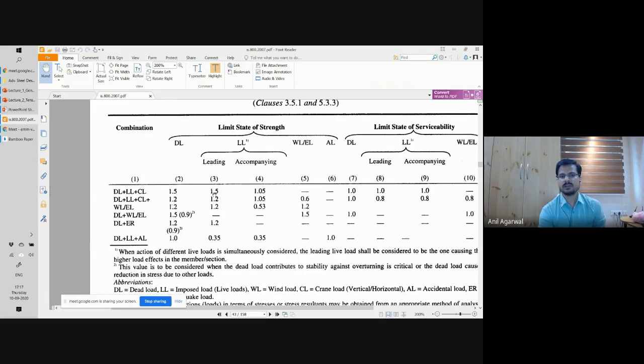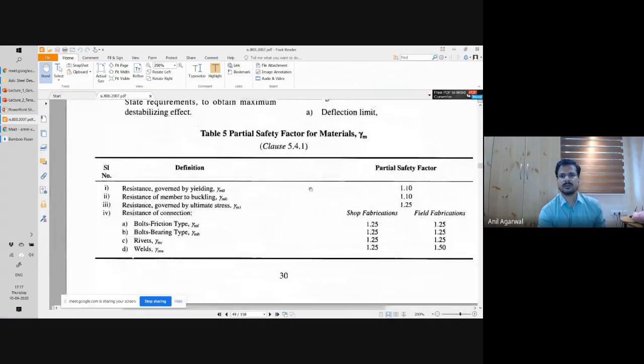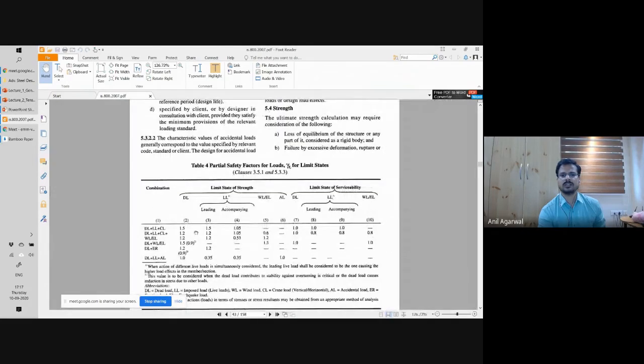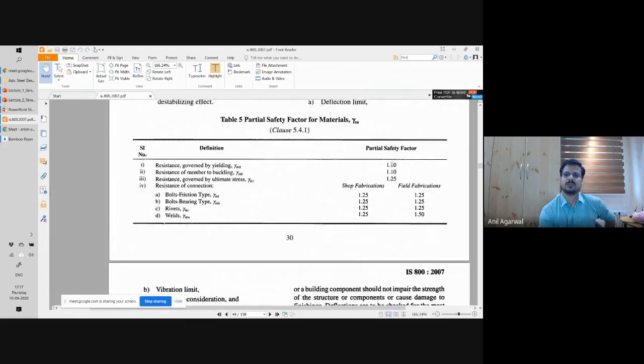So you are taking one factor of safety from the load side, and then also one factor of safety from the resistance side. These are given in Table 5. For resistance, yielding and buckling, you take 1.1. Now, a curious case: let's say you have a tension member which is going to fail under yielding under dead loads. One factor of safety comes from the dead load, that is 1.5, and one from the yielding, that is 1.1.